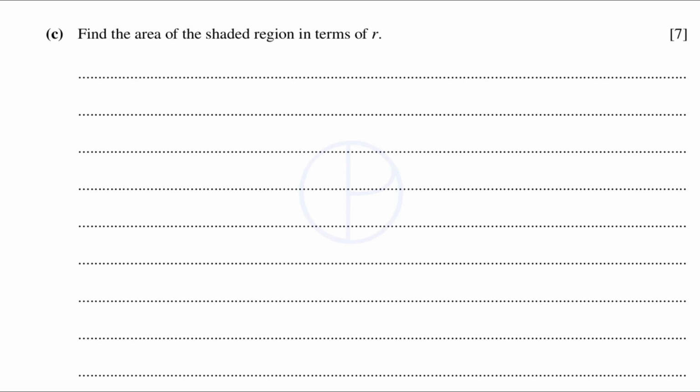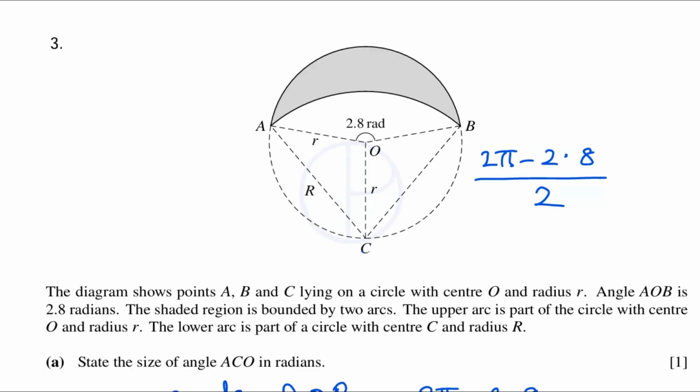The next question is find the area of the shaded region in terms of r. So how to find the area of this shaded region? First, let's find the area of this sector AOB. From that, we need to subtract this portion. And how to calculate the area of this region?